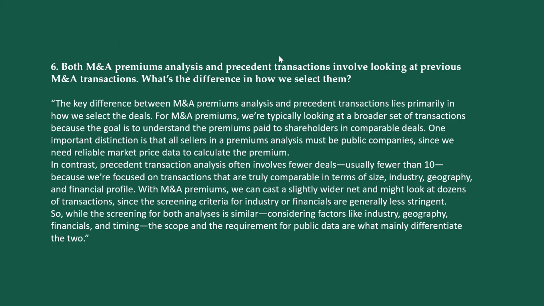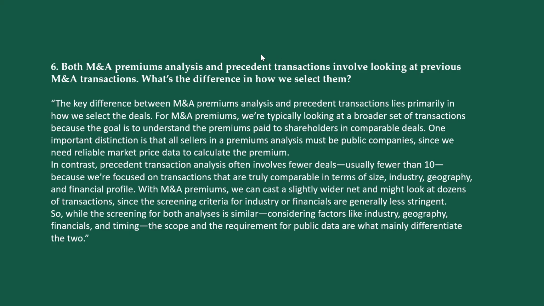The selection criteria for precedent transactions is usually that fewer deals are used, because the goal is to find the deals that are truly comparable. And screening is actually stricter here. Stricter means that the industry must be similar, financials must be similar sized, and profitability also matches.